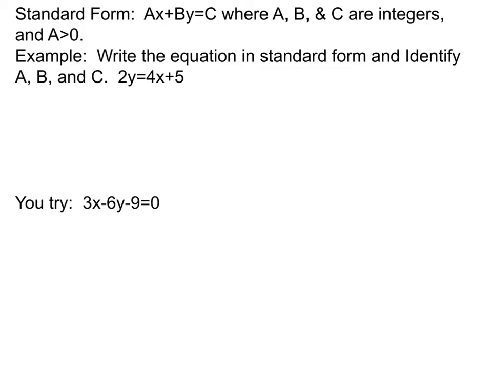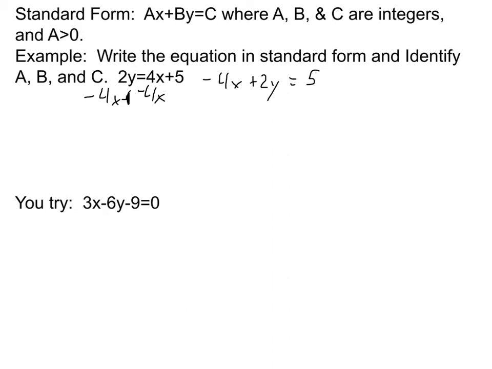So the first thing that we would do is move this 4x over. To move that 4x, we just subtract it over, because 4x minus 4x is 0, so that's negative 4x. So let's just rewrite what we have. We have negative 4x plus 2y equals 5.